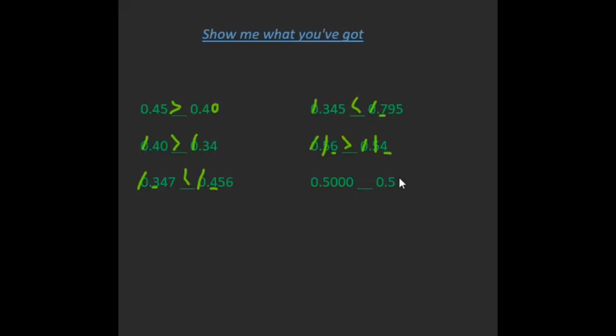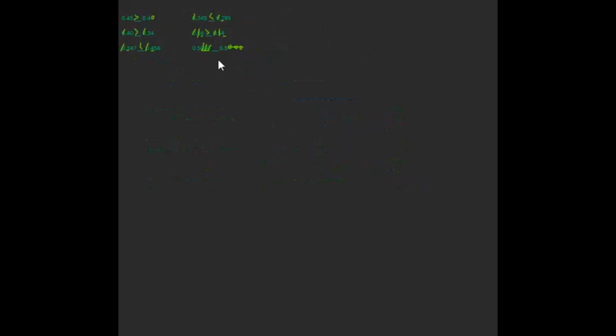So if there are three zeros here, you can add three zeros there too. And remember, the zeros have no value, so that makes both numbers equal. Or we can just cross out these zeros because they have no value. That also shows that these two decimals are equal.